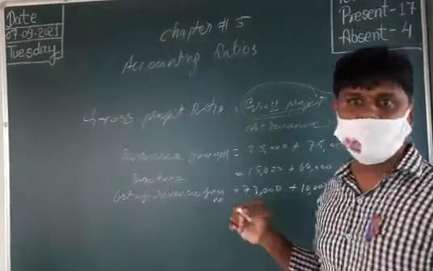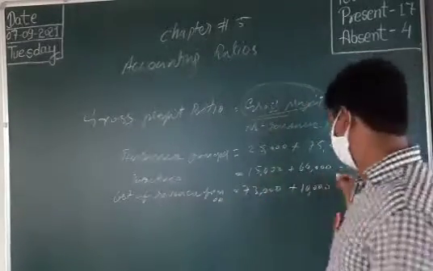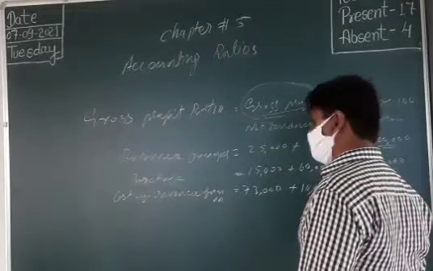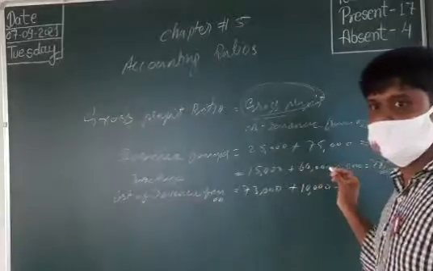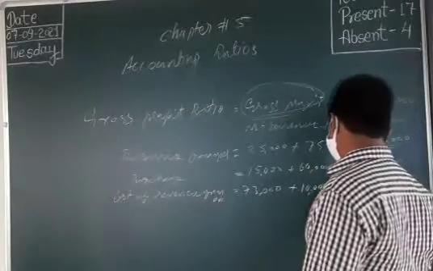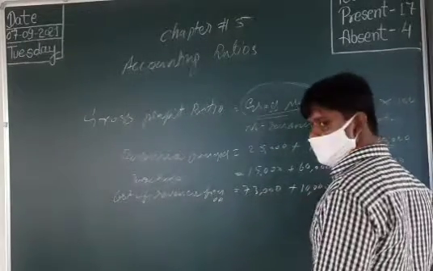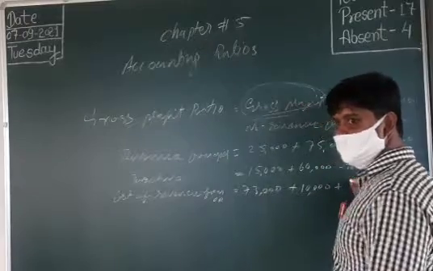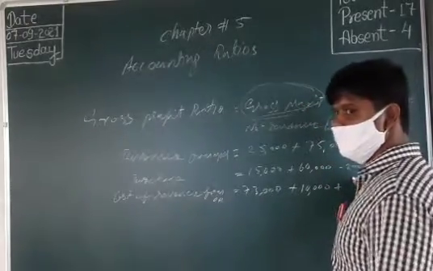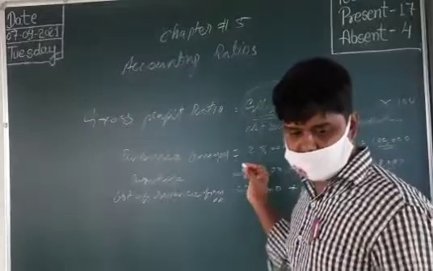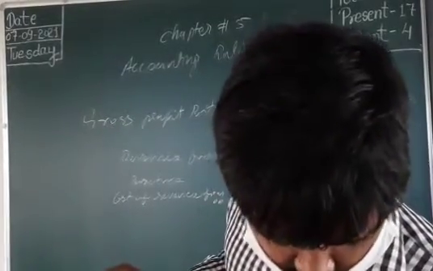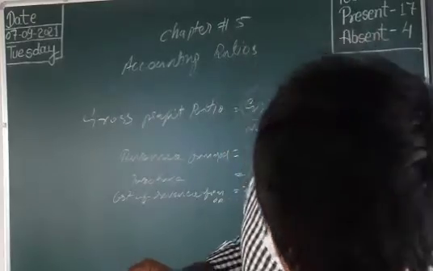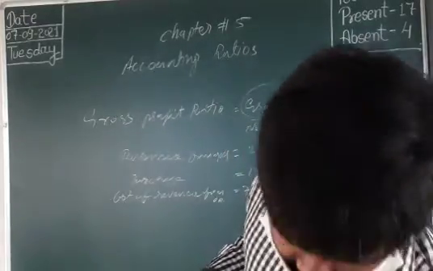Then plus direct expenses. What are the direct expenses? Plus 5,000 wages, and carriage inward is 2,000.